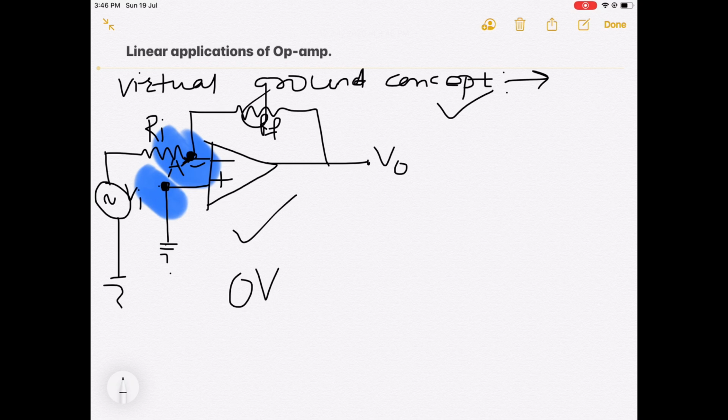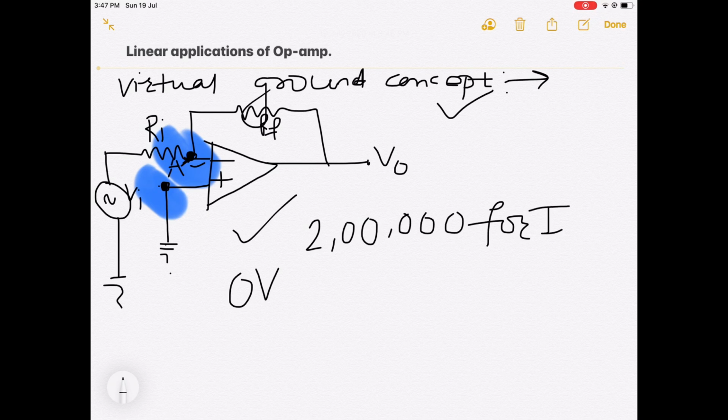Open loop gain of op-amp is extremely high, as we all know. Typically, its value can be 2 lakhs for IC 741.